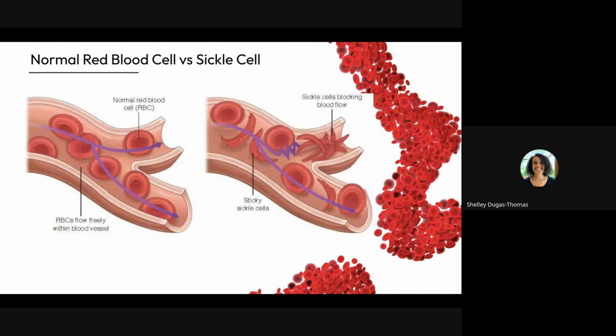So in a normal red blood cell, the red blood cell is round. They have a biconcave shape and it's flexible. In sickle cell disease, the red blood cell becomes rigid, it's sickle shaped, and can stick to the vessel walls. So there's reduced blood flow.